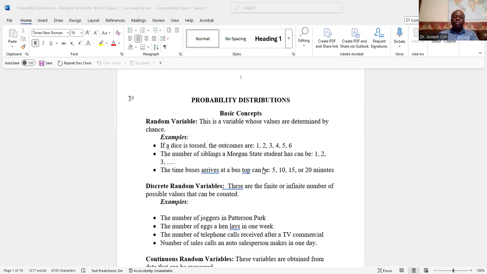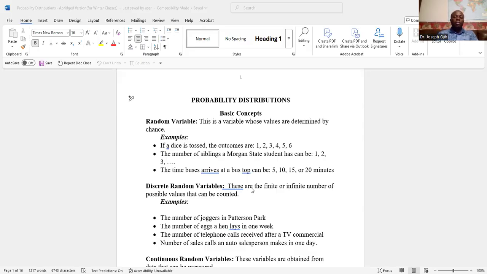Now, a random variable simply means a variable whose values are determined by chance. For example, if you toss a dice, the outcome can be 1 showing up, 2 showing up, 3 showing up. It can be any outcome that you have no control over, so they are determined by chance.